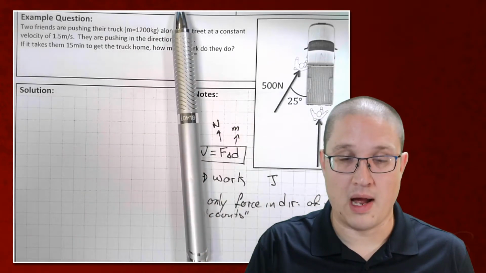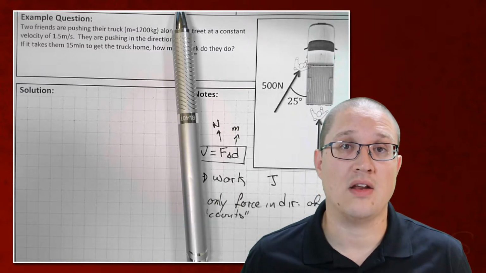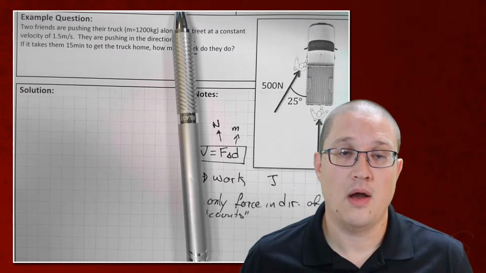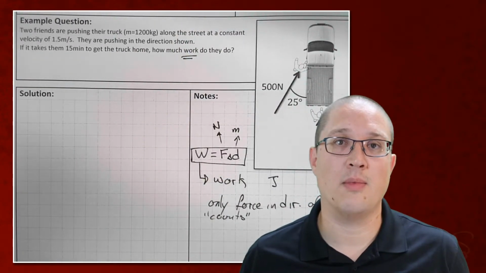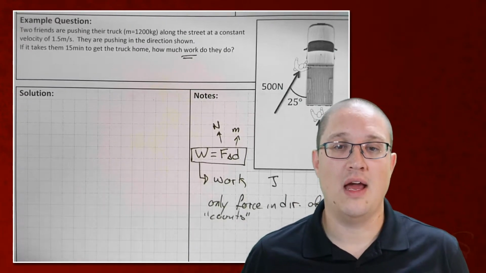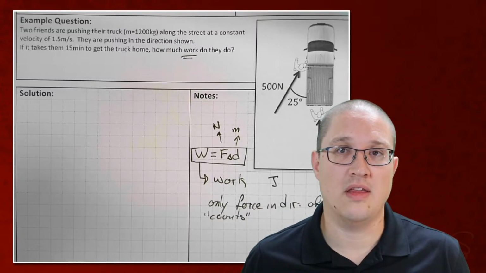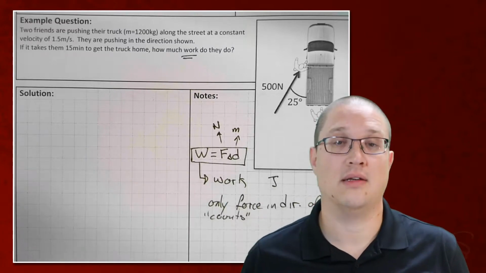If I move it back to where it started, the net displacement is zero, so my net work done is zero. Remember, work in a physics context is talking about energy change through motion, and this is a really different quantity than how much work did you do today. So we're looking at this here.